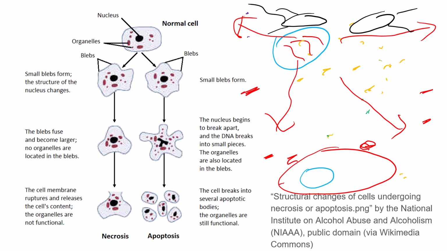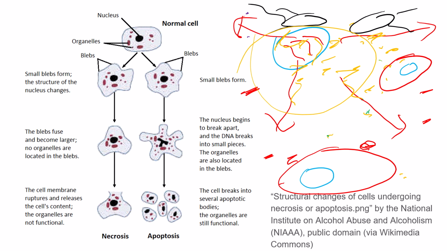And other cells come and they release chemicals to try to destroy and clean up the pieces of the cells that are dead. So this causes inflammation in the body. This process where the cells die and they break open and there is inflammation, that is called necrosis. See down here on the left, necrosis. That is when a cell is killed by something outside of it.